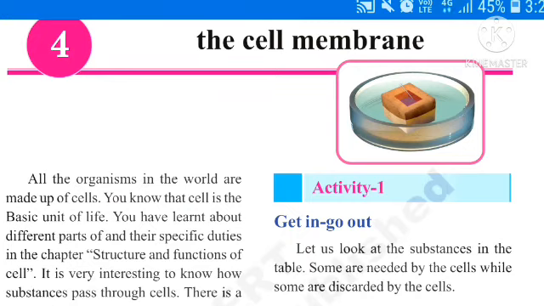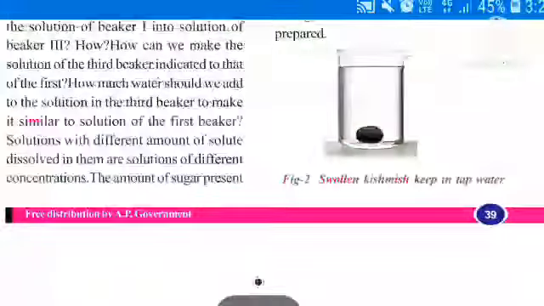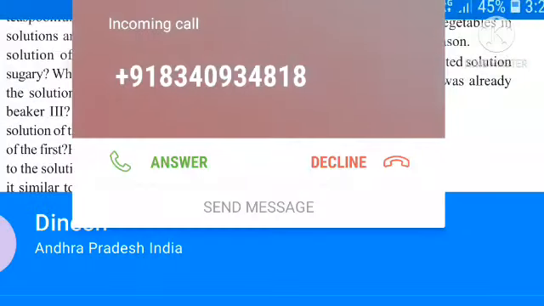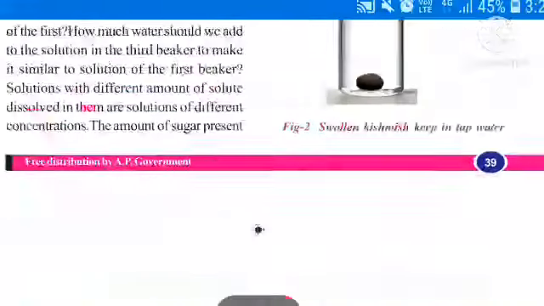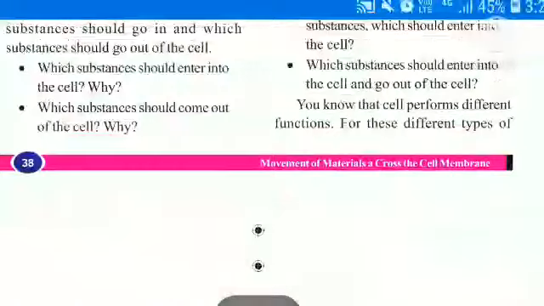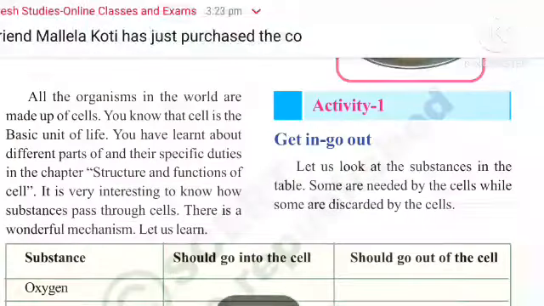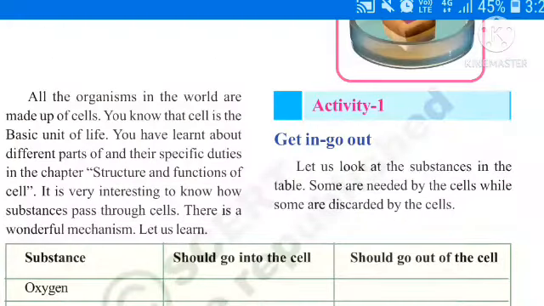Next one. What are the functions of the plasma membrane? Once, observe our textbook, they have given different types of functions.